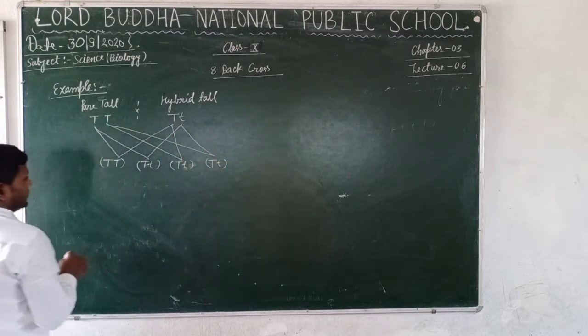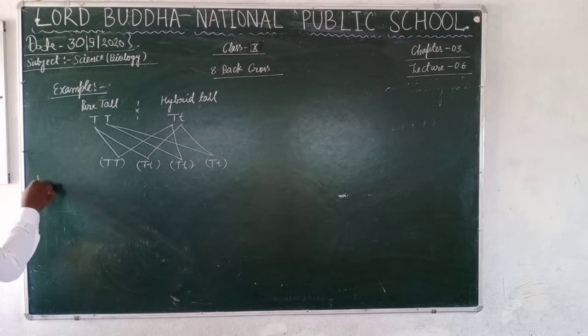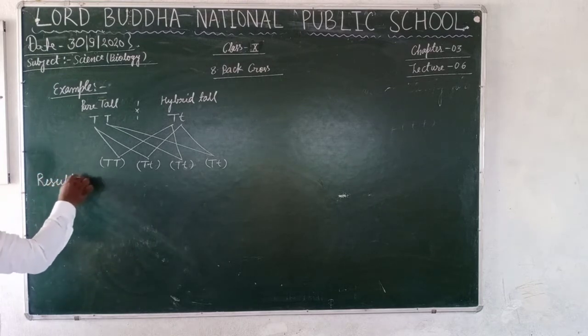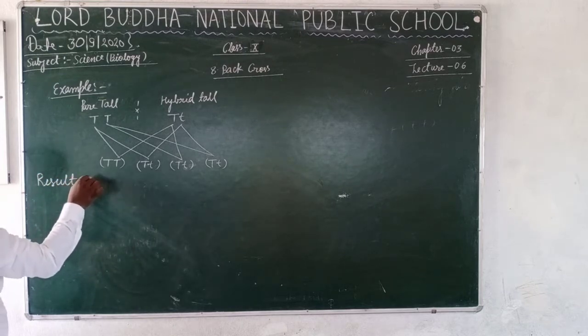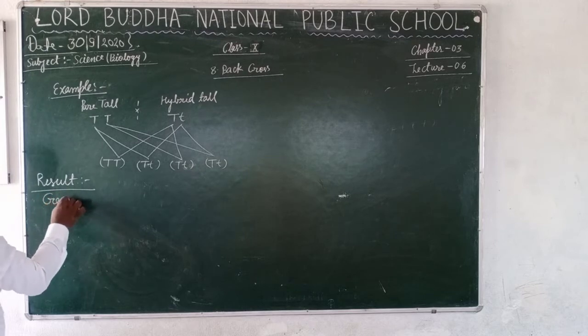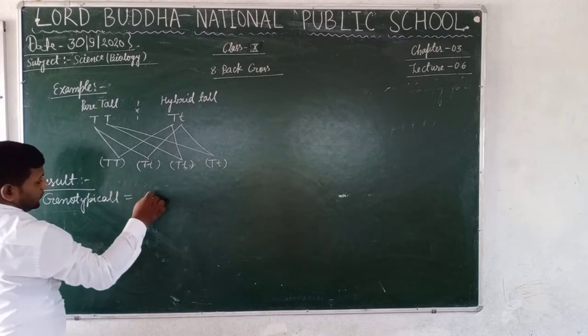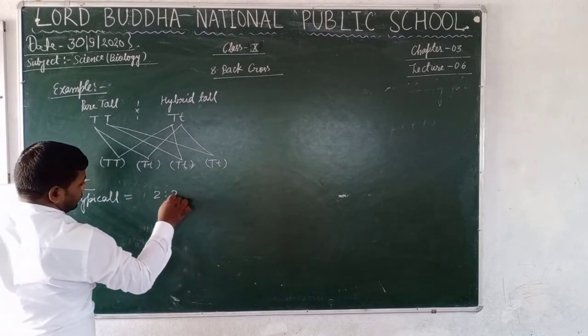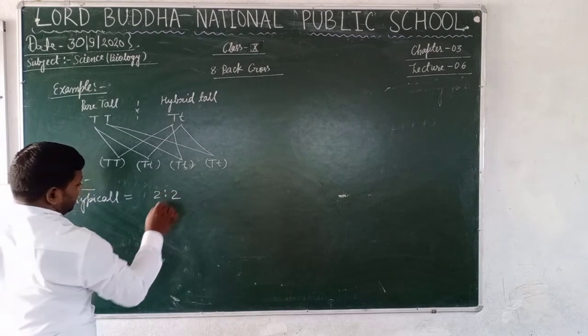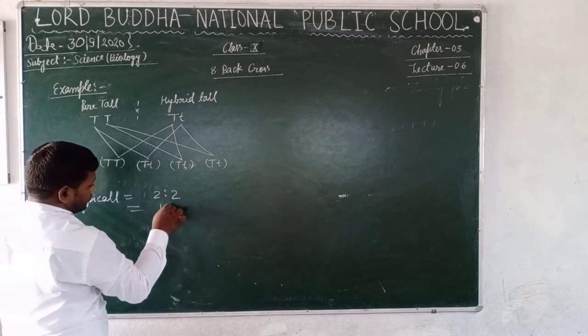So students, what result do we find? Genotypically the 2:2 is in simple fractional ratio 1:1.